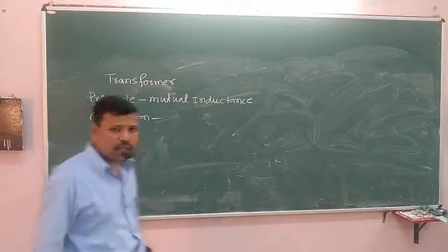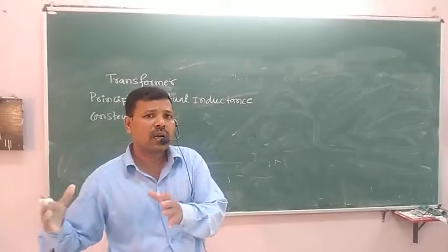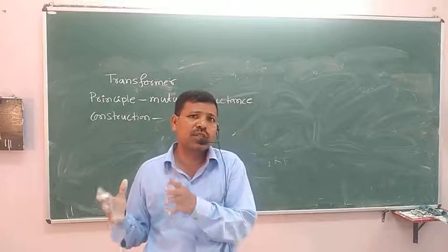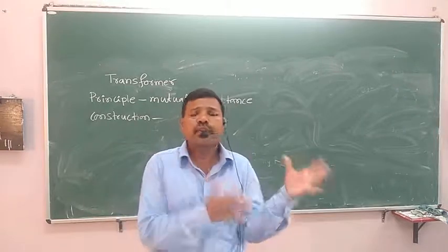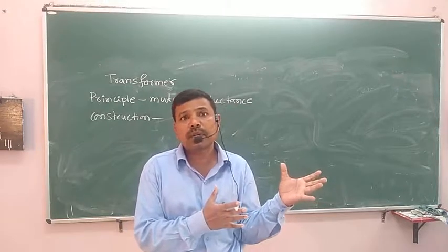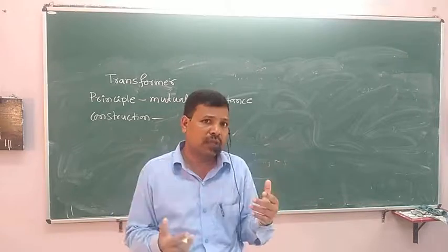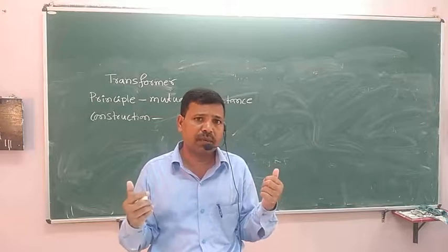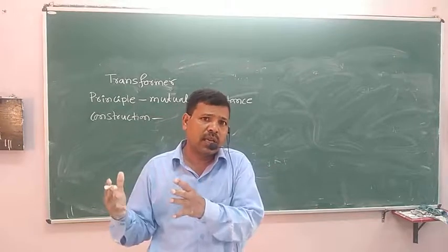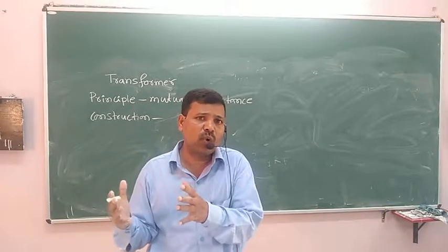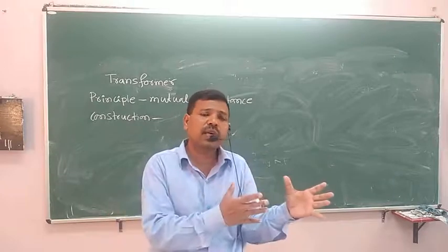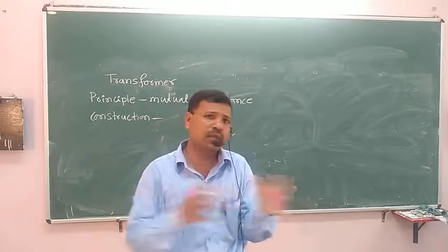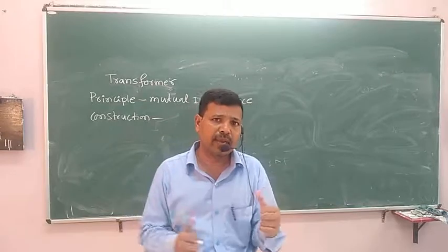Mutual inductance means what? Whenever an electric current changes in one coil, an induced current is produced in the neighboring coil. We learned this in one of Faraday's experiments. When electric current changes in one coil, an induced current is produced in the neighboring coil due to change in magnetic flux.